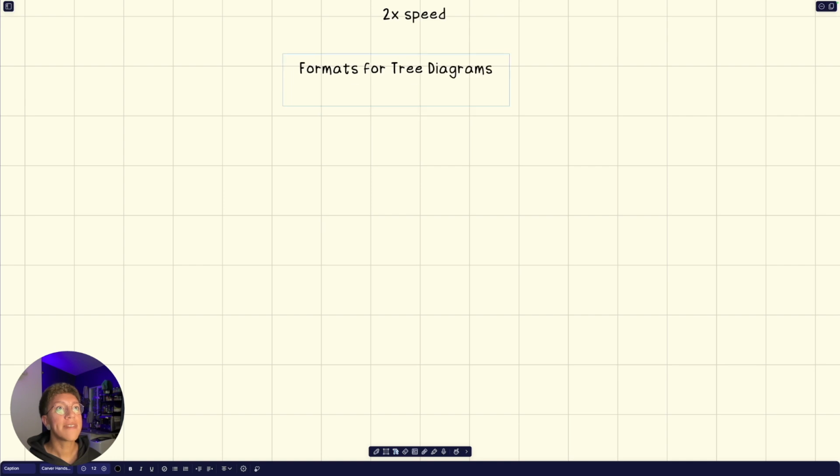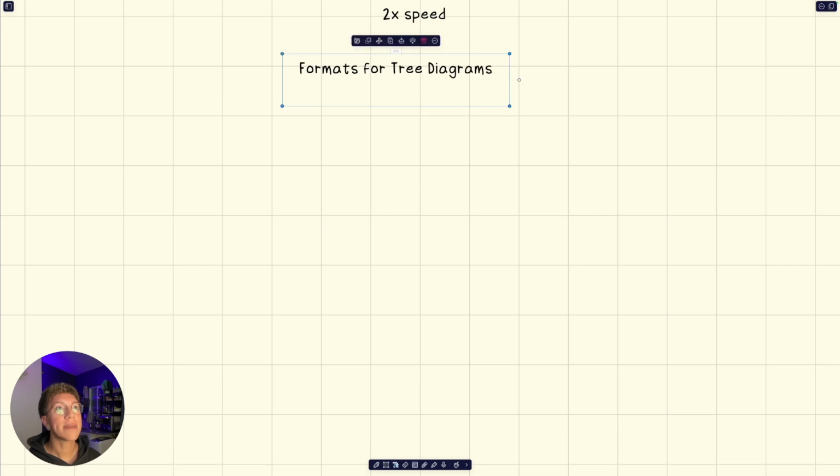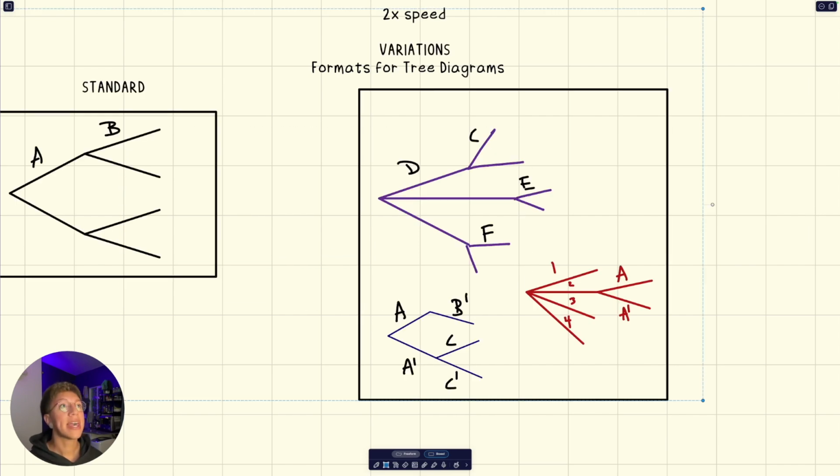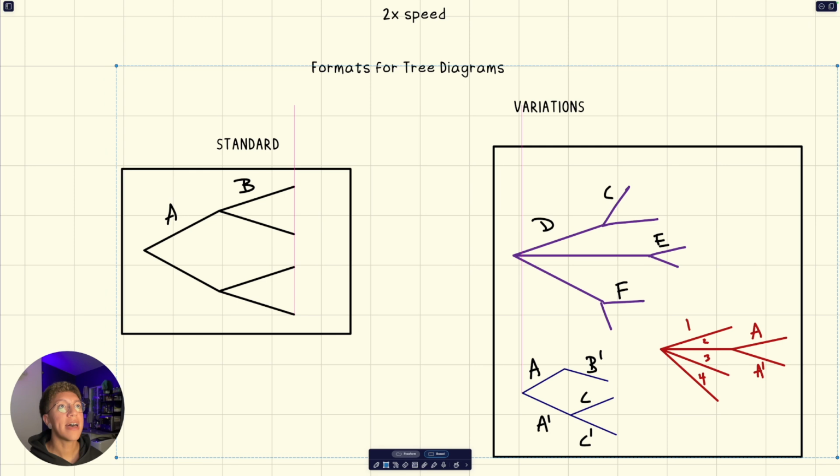And we have 2 cases that we can think about. The very first case is when we have a tree diagram that branches off twice. This is our standard tree diagram, and it looks something like this on the left.